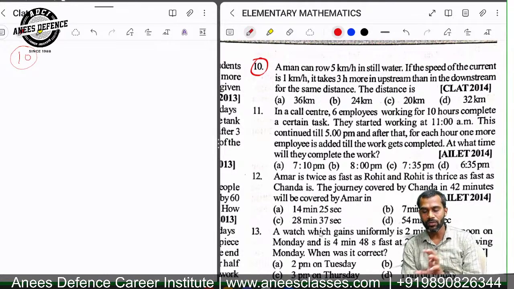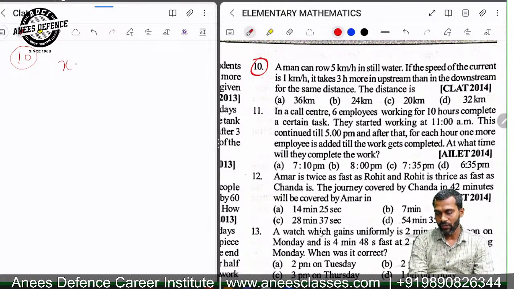So suppose the speed of the water is y kilometer per hour, and the speed of the boat in still water is x kilometer per hour. So what is the downstream speed? X plus y, because it will support the speed of the boat. Yes or no? And upstream, x minus y. If it opposes, then we need to subtract. If it supports, then we need to add.